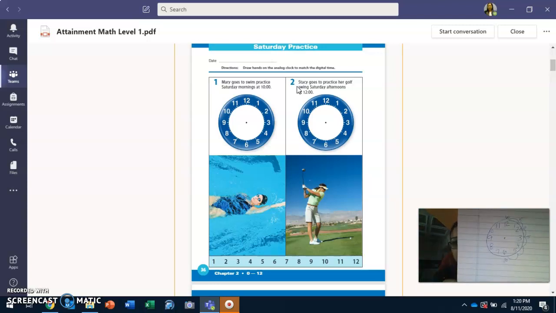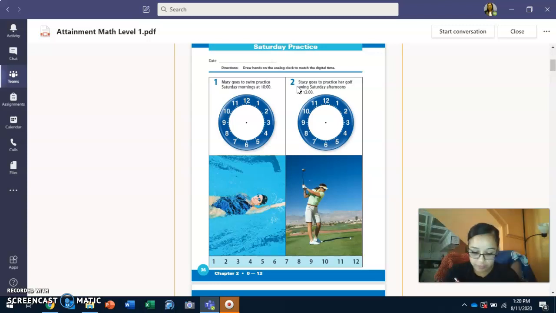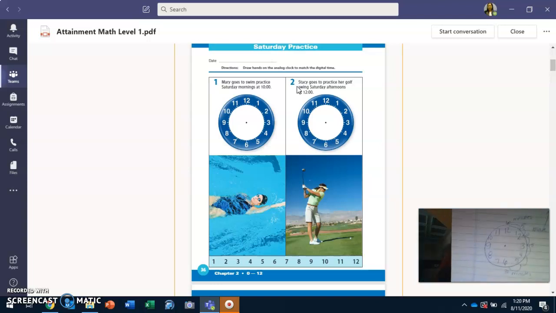So you can go ahead and write that down in your paper so that you know your minutes. Your small hand is your hour, and your big hand is your minute. So write this down in your paper so that you can remember.